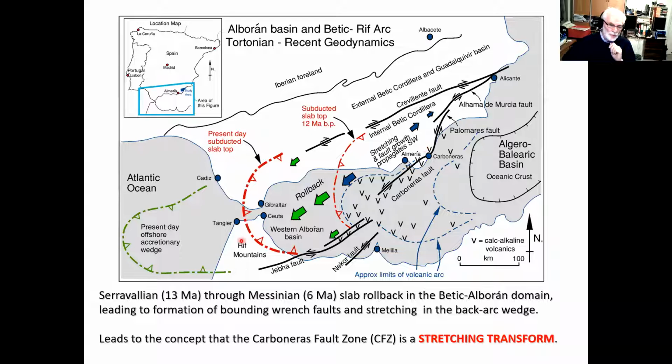And you have stretching in that wedge produced as a result of the rollback. There was, before this wedge became established, already an established collection of subduction-related volcanics, andesitic volcanics forming an arc in here.